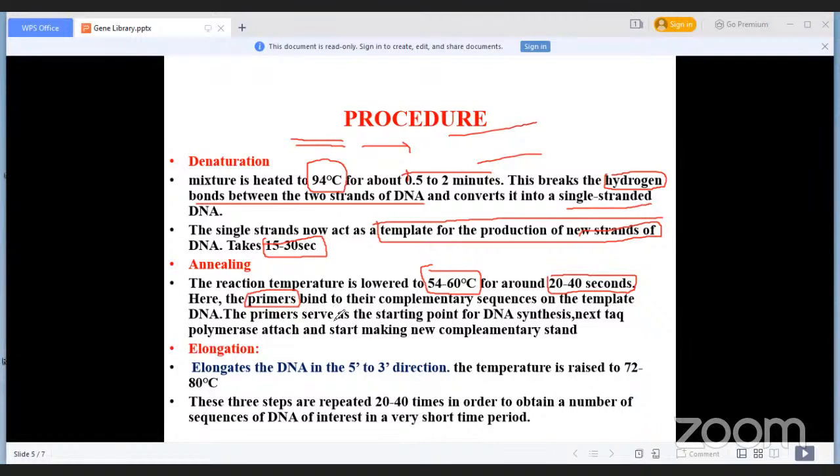After adding the primers, the DNA polymerase attaches to them and starts making the new complementary strand. As you said, synthesis requires DNA polymerase, but here Taq DNA polymerase is used because normal DNA polymerase would be denatured at this temperature. That's why the Taq DNA polymerase enzyme is used, right?